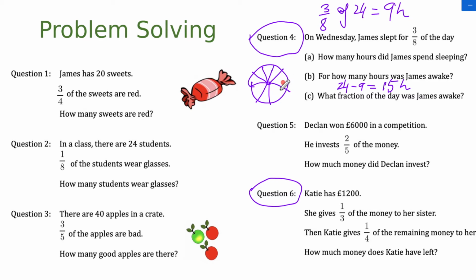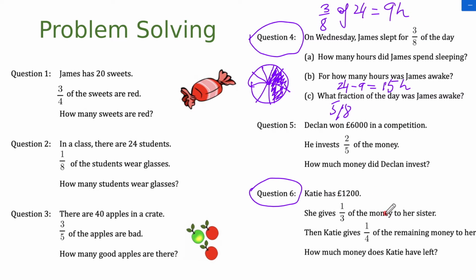Anyway, so if he slept 3, so these are 3/8, then the remaining amount, sorry for the scribbling, should be 1, 2, 3, 4, 5. So the remaining amount is 5 out of 8. 5/8 is the fraction of the day that he spent awake. Okay, so that's question 4.